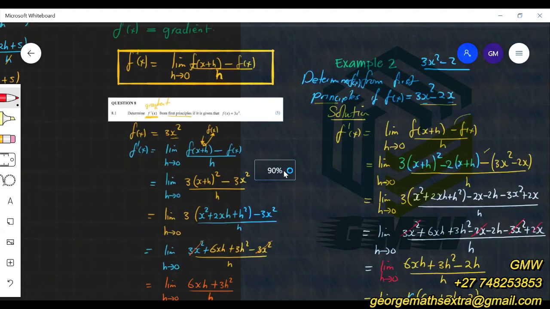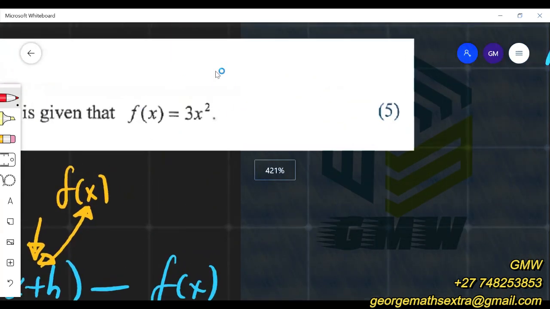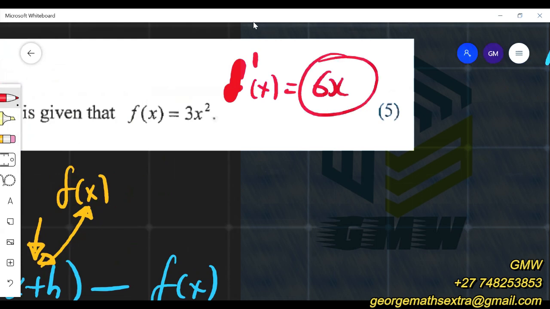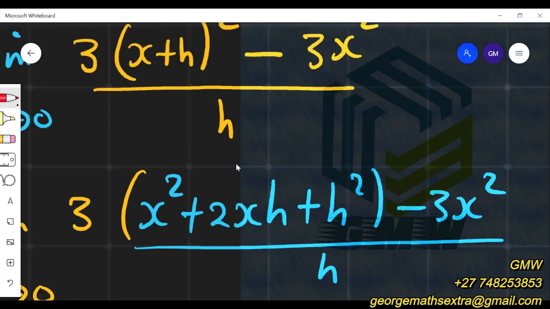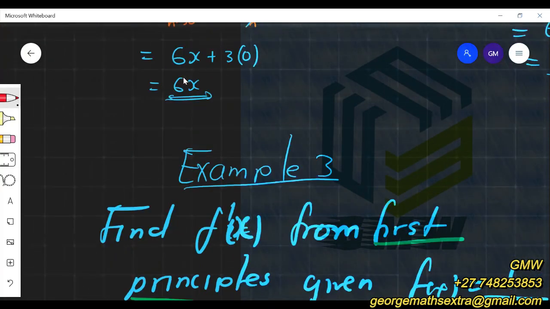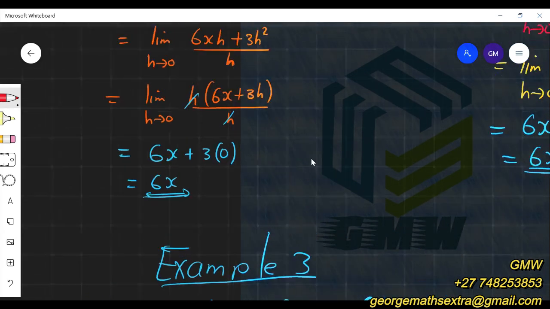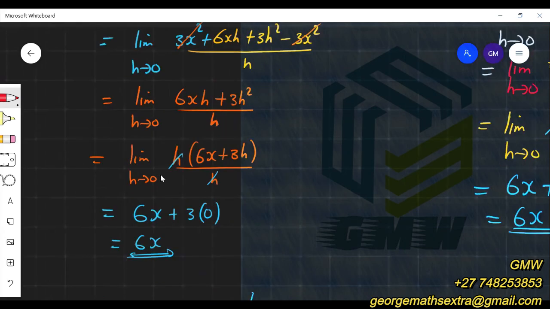On this question, you were already going to know that the answer is 6x. So when you now differentiate, you will know the kind of answer you are supposed to get in the end. That's exactly what we got, right? So when you are using first principles, you will know the answer already. That's what I'm bringing to your attention now.